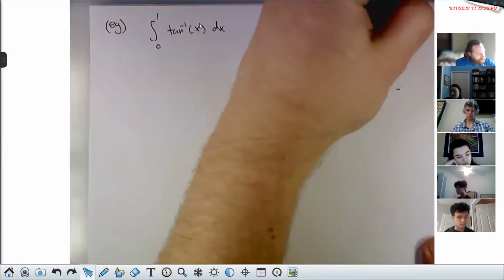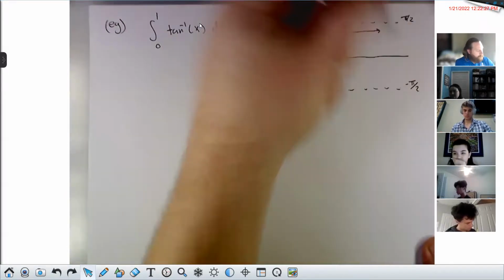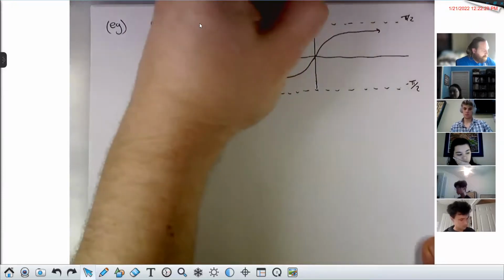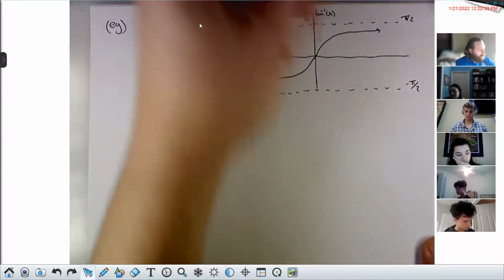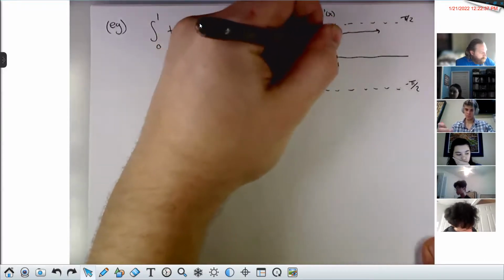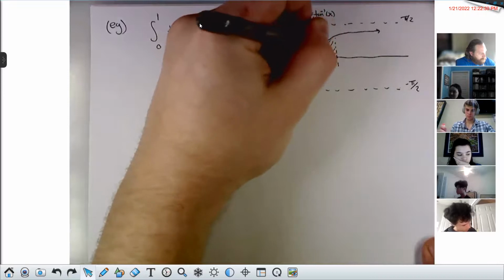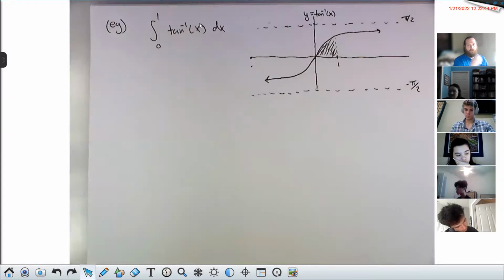It has two horizontal asymptotes, pi over 2 and negative pi over 2. This is the graph y equals inverse tangent of x. And what I'm asking you to do here is to find the area from 0 to 1, bounded by this function and the x-axis.